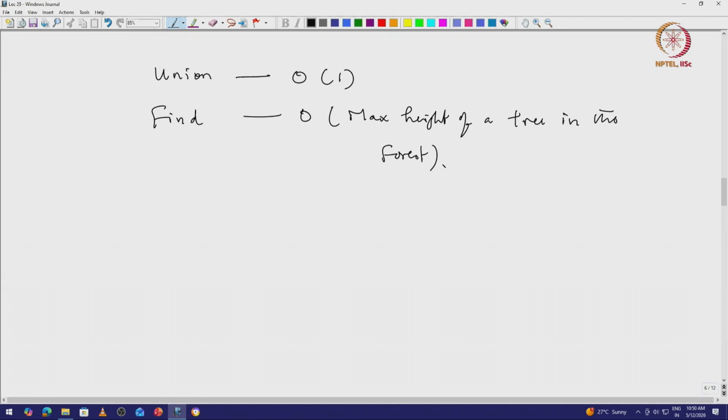We are going to see this could be order n. In other words, find may have a complexity of order n.